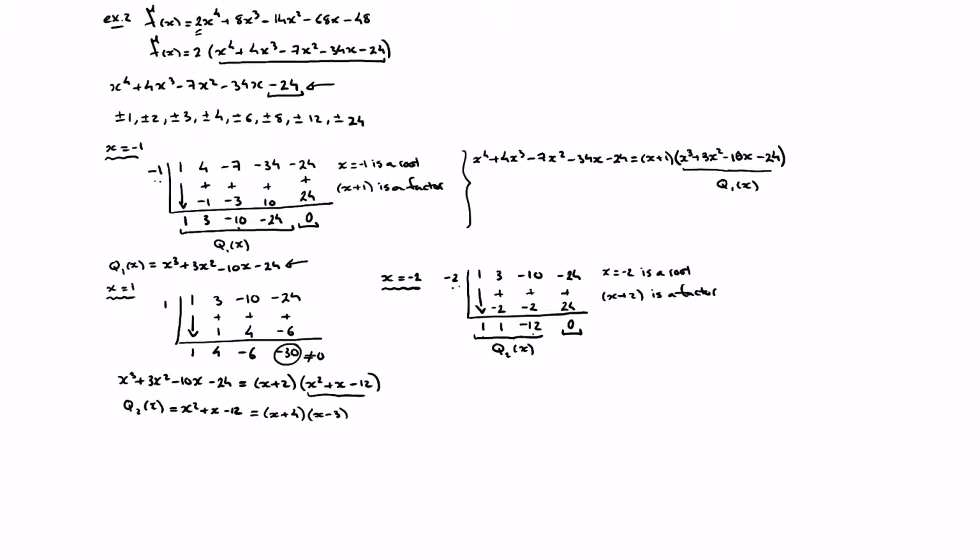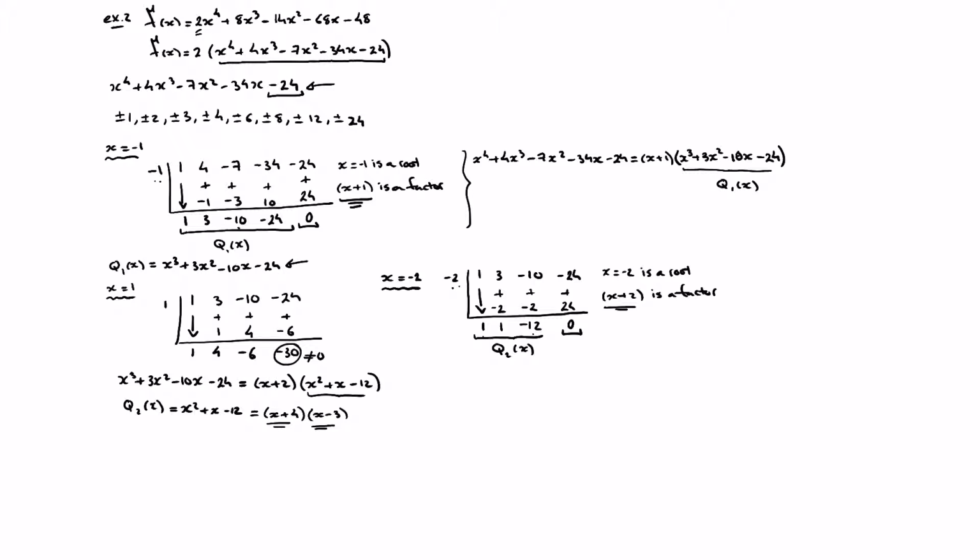We've now found all the factors. If we look back, we found x plus 1 was a factor. We found that x plus 2 was a factor. And we've just found that x plus 4 and x minus 3 are both factors.